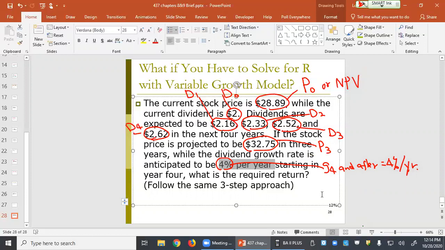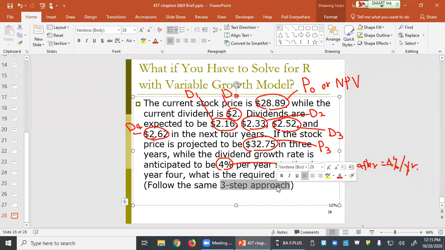The sentence says the dividend growth rate is anticipated to be 4% per year starting in year 4. It is implying that before year 4, the dividend growth rate is not constant. That is a good indication that we have a variable growth scenario here, which tells us that we need to use that 3-step approach.